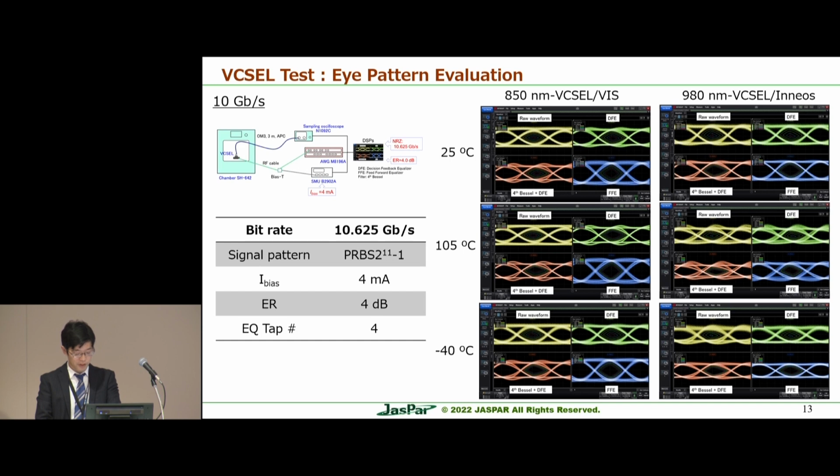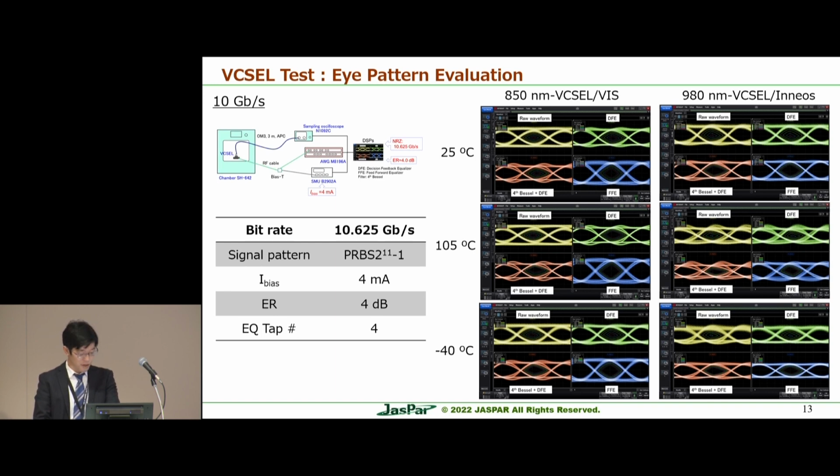For 850 nanometer, a sufficiently large eye aperture is observed, even in the low waveform, and further expansion of the eye aperture can be observed by applying various types of DSP.